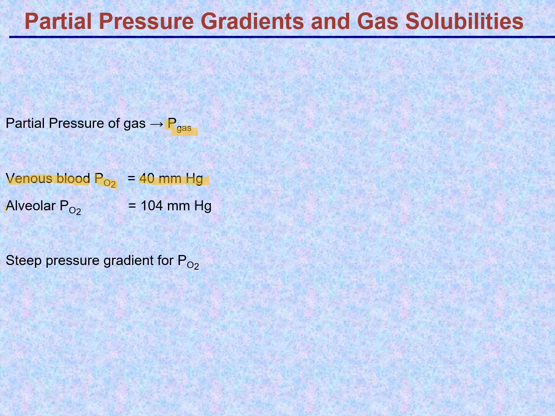And as we mentioned earlier, the alveolar PO2 is 104. So that means there's quite a steep pressure gradient, a difference between the alveolar PO2 and the PO2, partial pressure of oxygen, of the venous blood as it comes into the lungs.